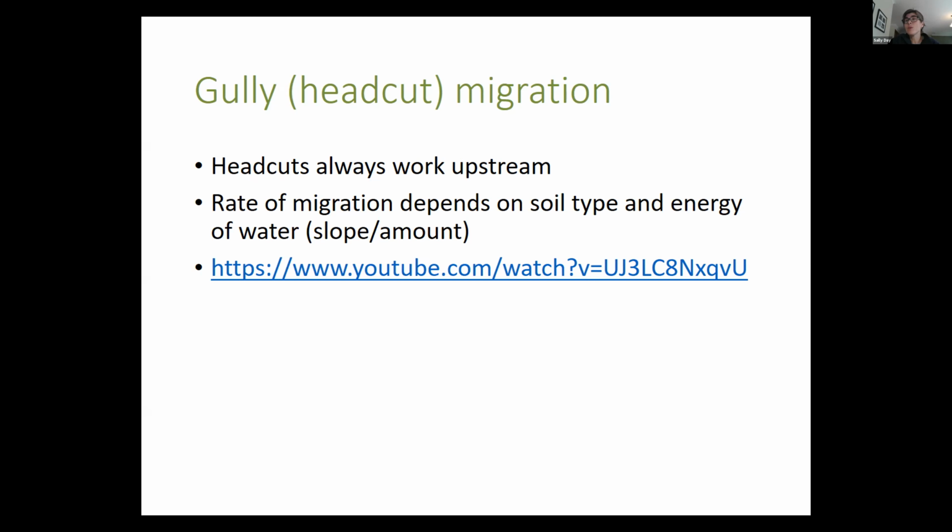The rate of movement of that erosion feature on the gully, that head cut, really depends on how steep the slope is, the energy of the water, and the soil type. So there's really three factors that come into play when we look at how quickly these features can move.